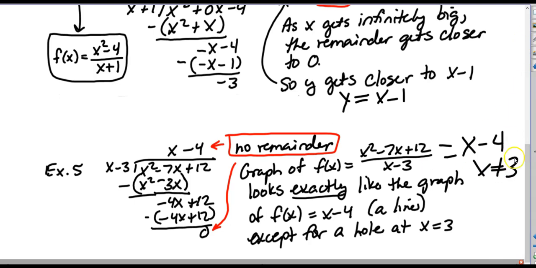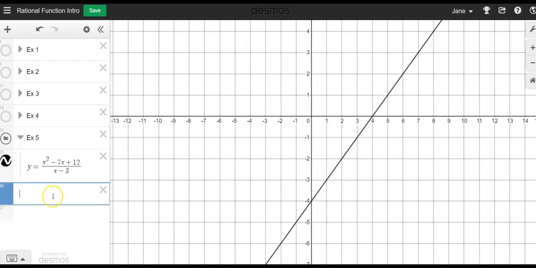So we basically have the line y equals x minus 4, but no value at 3. We can go back in and type in y equals x minus 4, and we see it's exactly the same line.